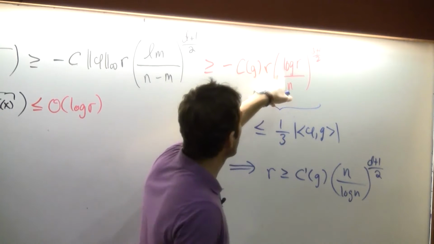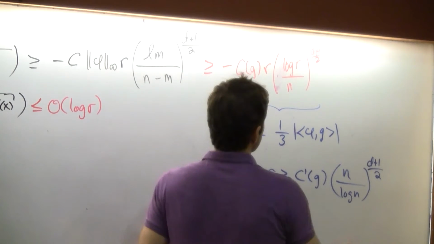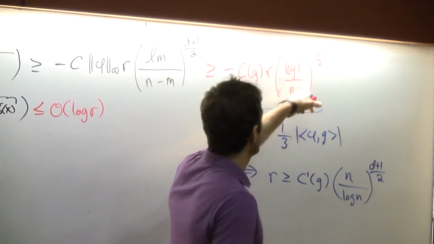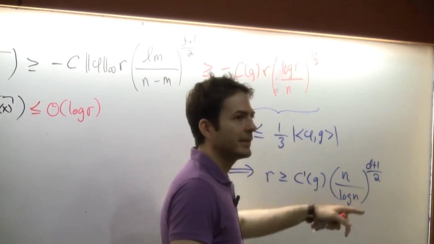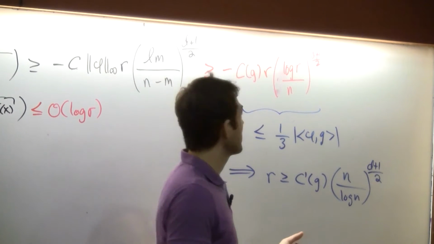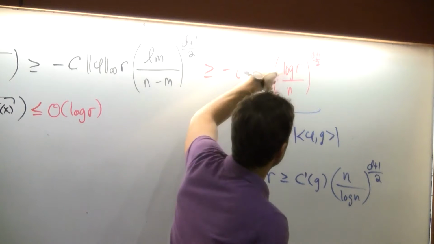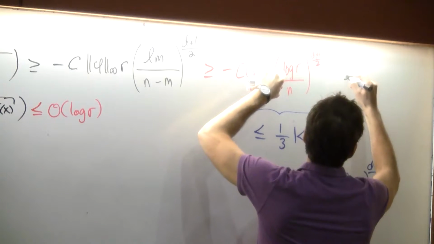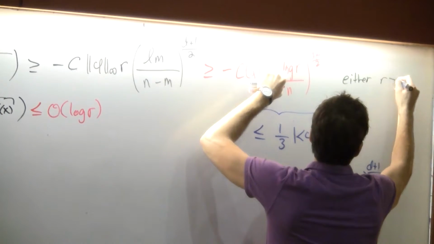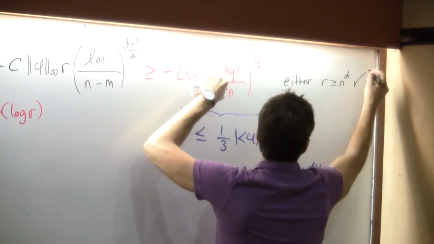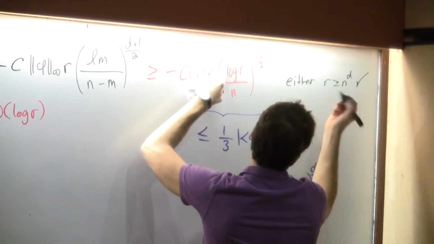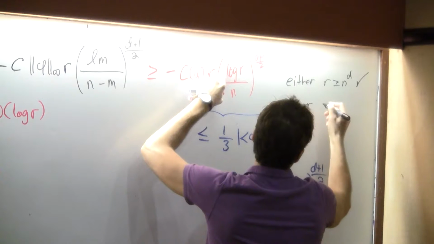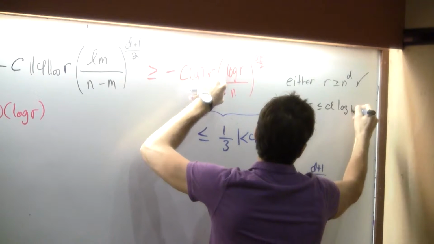So the only issue is the log r, but the simplest thing to do is just say, well, either r is at least n to the d, and then we have a check mark, we already have our lower bound, or otherwise log r is at most d log n.